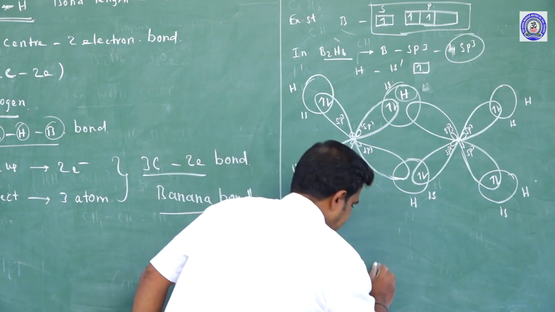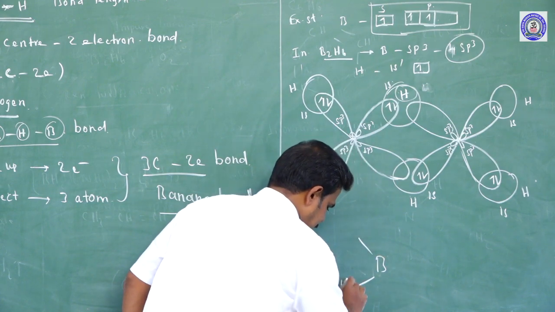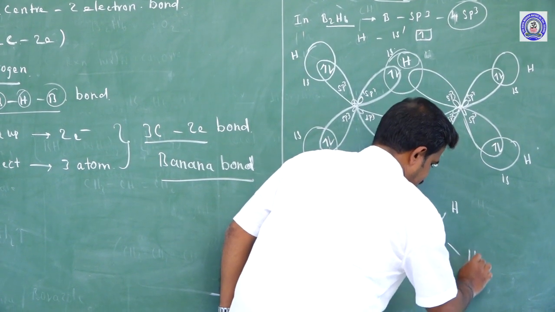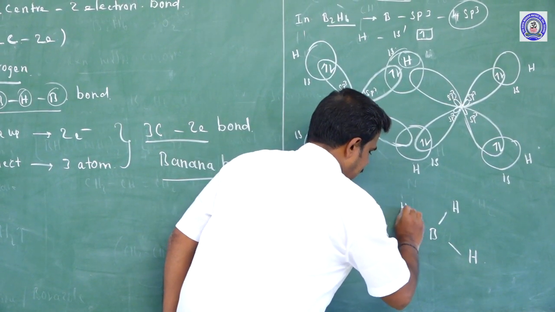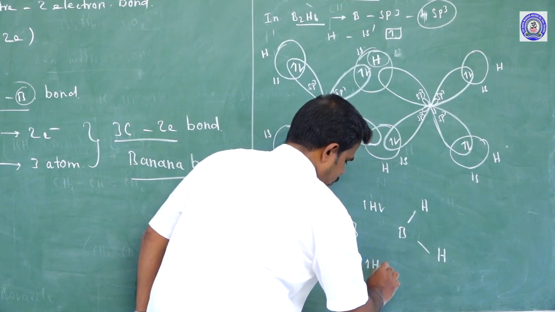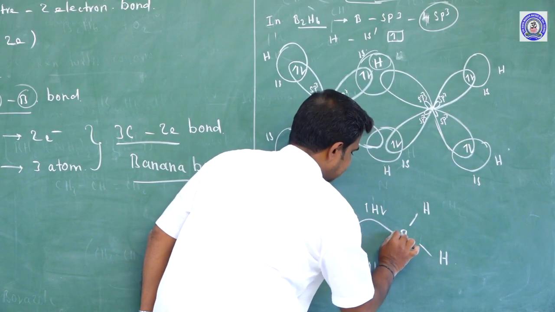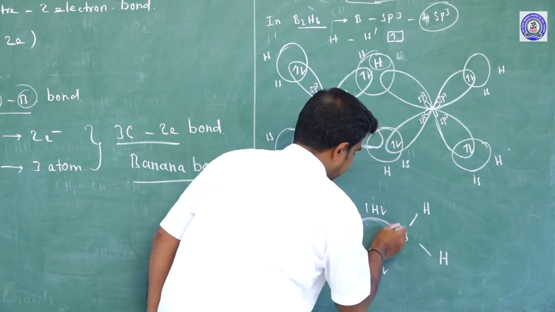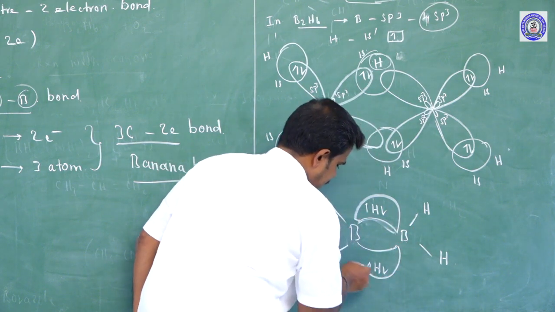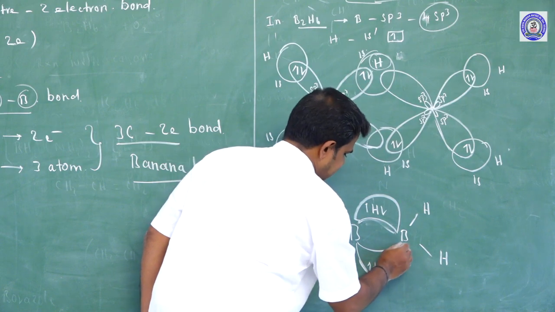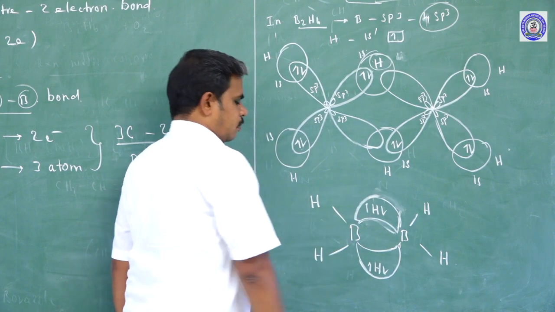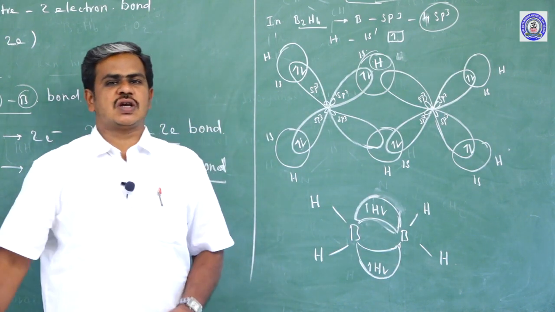So we take boron and here hydrogen, and boron, and here hydrogen, one bond and 2 electrons, making the banana bond. It is banana in shape, so it is a banana bond. So this is the structure of diborane.